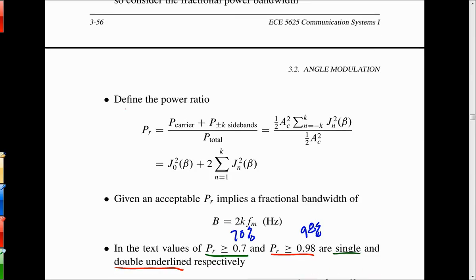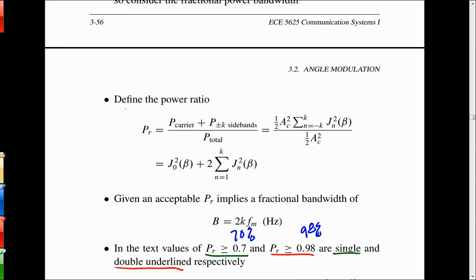It's the way you get the total power. It's the power in the carrier plus the power in the sidebands, just like it was for AM or double sideband. So if we add up all of the sideband terms, all the Bessel functions, we'd get the total power. If we add up just K sidebands either side of the carrier, we get the fractional power.